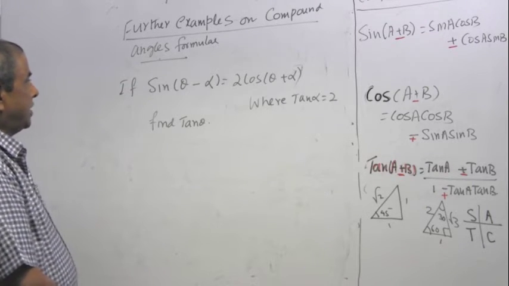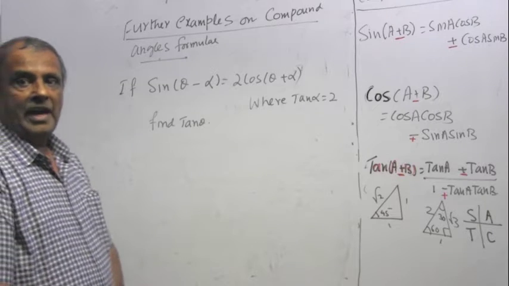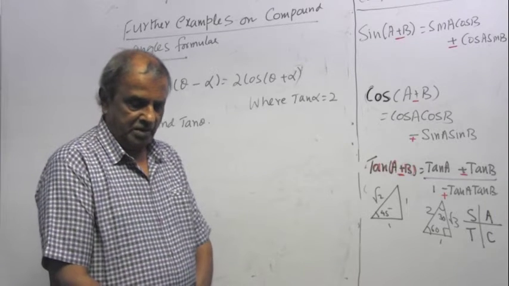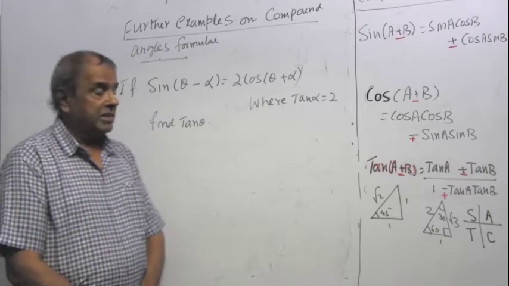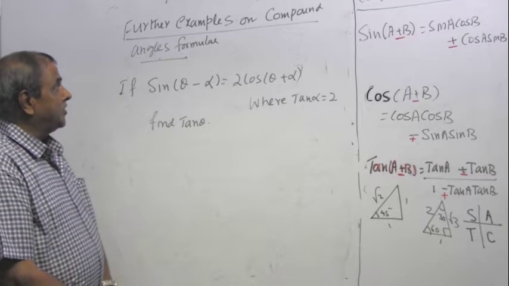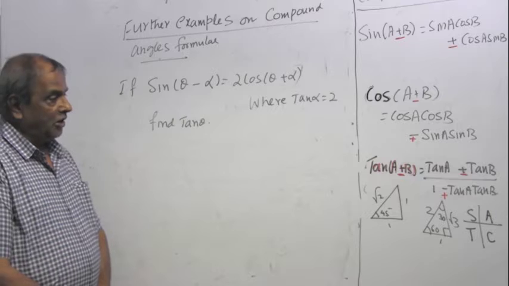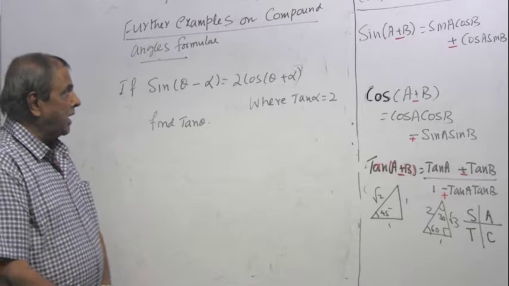First and foremost, I have a theta minus alpha and a theta plus alpha, which are two different angles. And over and above that, I have a sine and a cos. So, first let us expand the sine and cos.